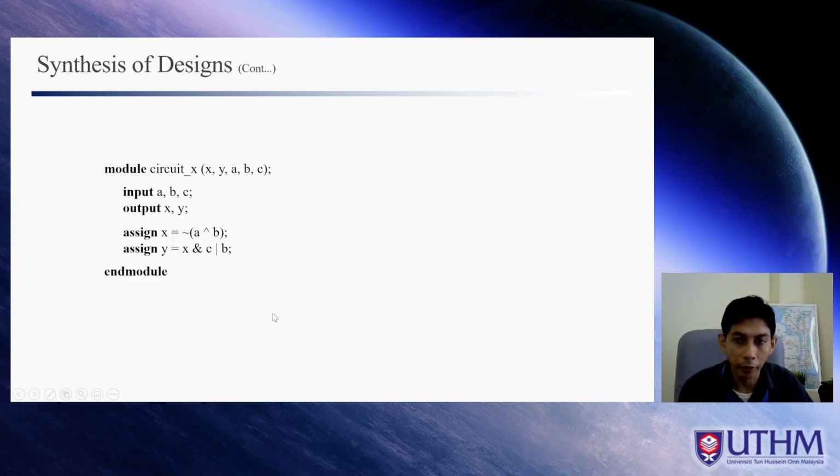If you are given Verilog code like this, you should be able to produce the circuit, the gate level representation of this, or at least in the form of a block diagram. What is this wire, for example, connected to, another wire or another port.